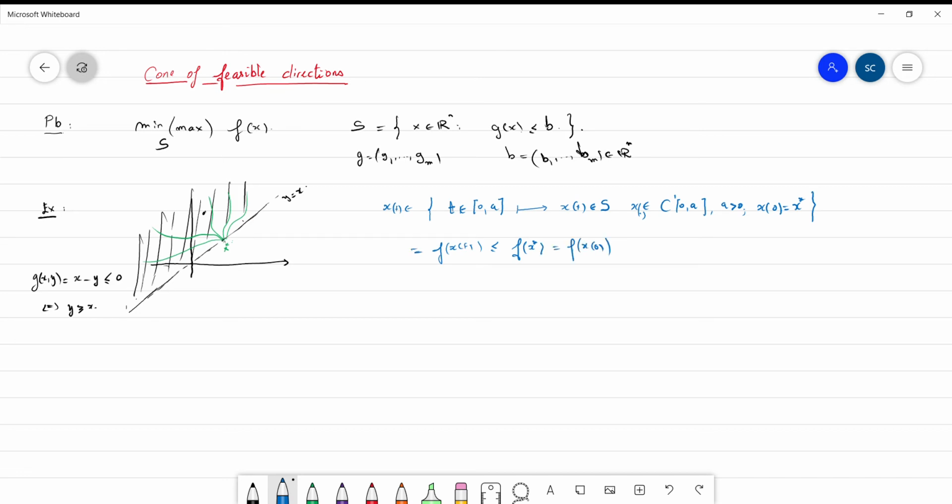Again, the same reasoning: h(t) compared to h(0), for any t belonging to [0, a]. Then h(t) minus h(0) is less than 0.